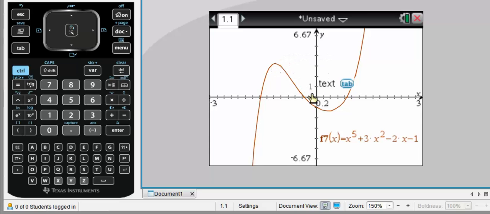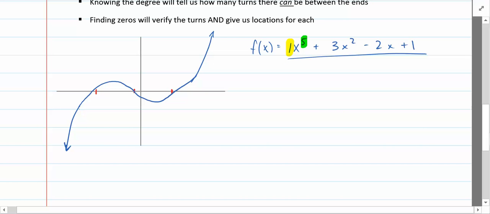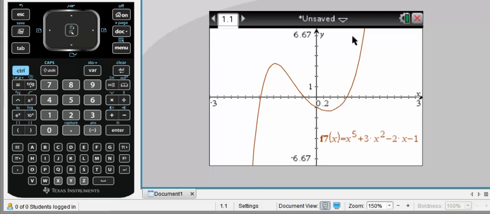It ran up and came back down, and then changed direction one last time and raced off towards infinity. So again, by just considering the leading coefficient and the degree, we could get a pretty good idea of what the shape might look like. And here was our guess from before, and there's the result from the graphing calculator.